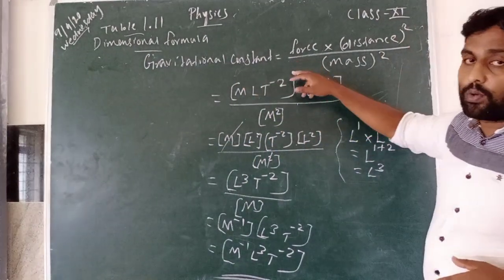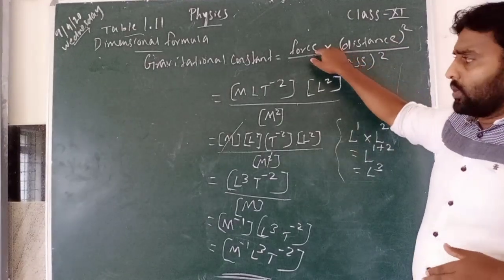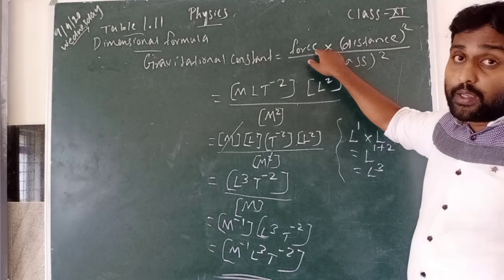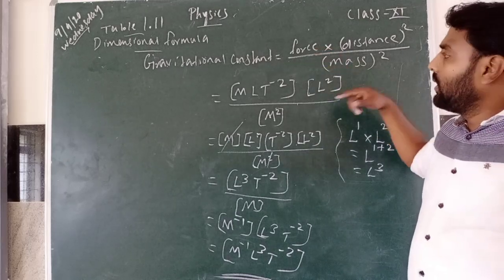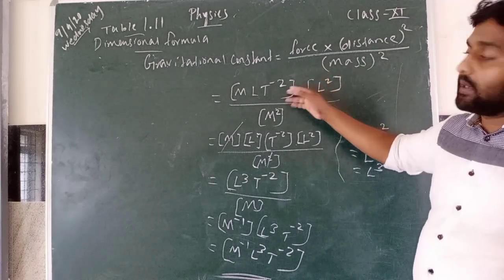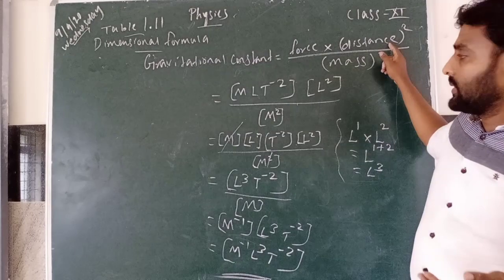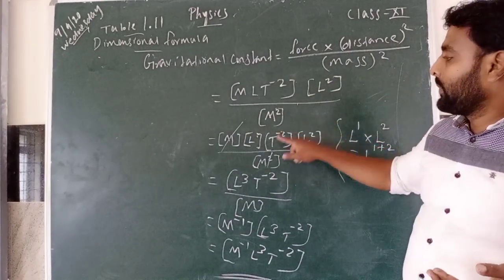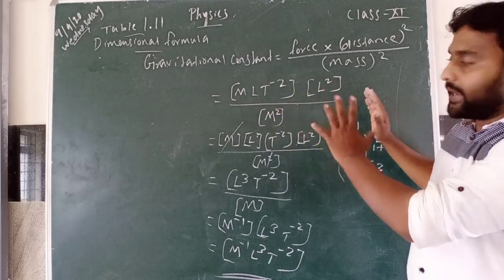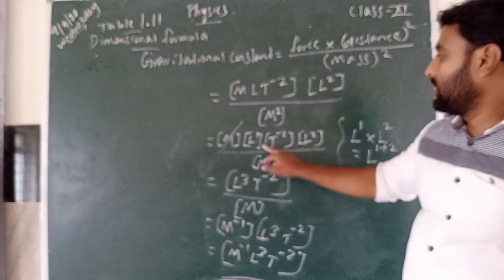Gravitational constant, how to find: force into distance square by mass square. Force you can find by using the formula, mass into acceleration. If you know this dimensional formula, you can directly apply M L T power minus 2, distance square L square, divided by mass square M square. Now split this bracket for cancellation. So M and M cancel.